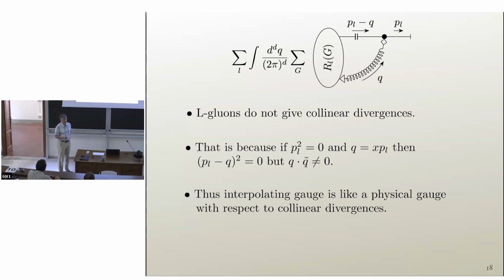And if Q is light-like, Q dot Q tilde is not 0. So this kills the collinear singularities in the L gluons also. So there are none of these collinear singularities except if you couple back to the same line.